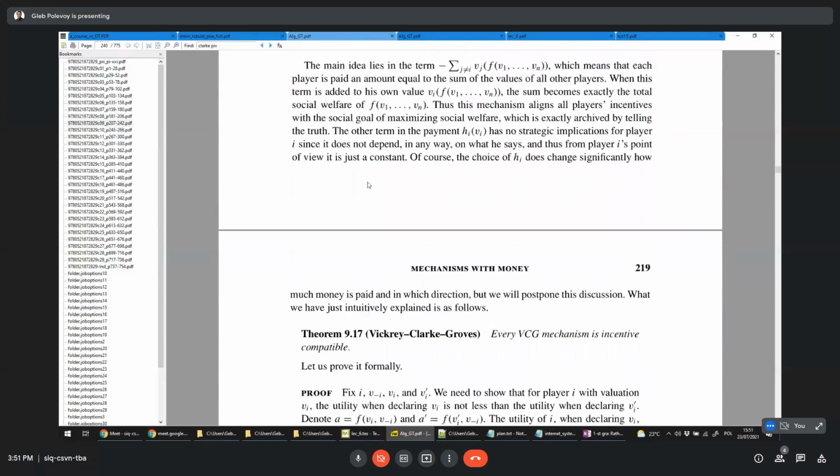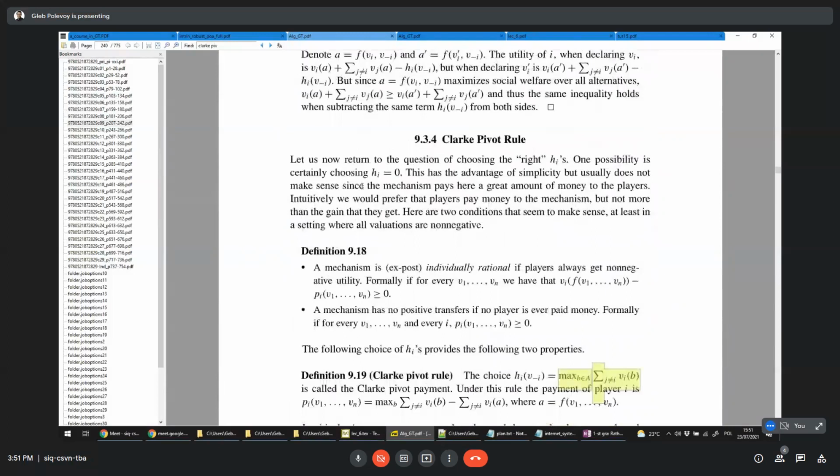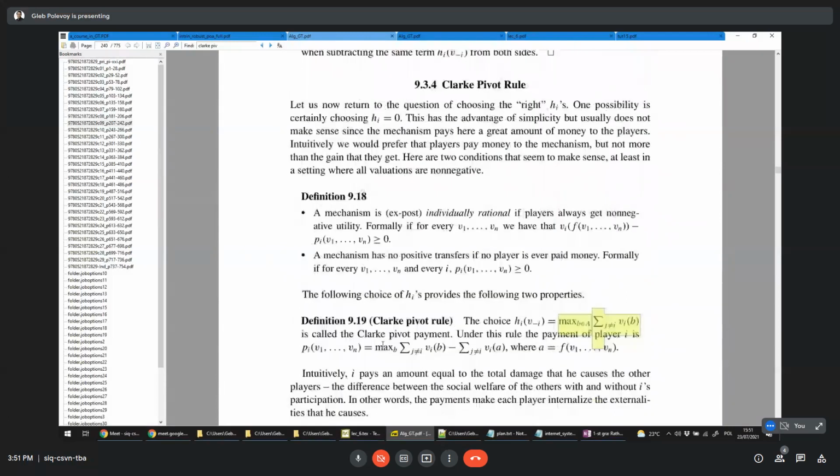But in the first term, you get what they could have got if we only thought about their total welfare. What I'm highlighting now, whereas in the second term, which you subtract from the first one, you get what they actually get when you've been optimizing the sum of everyone, including the player i.